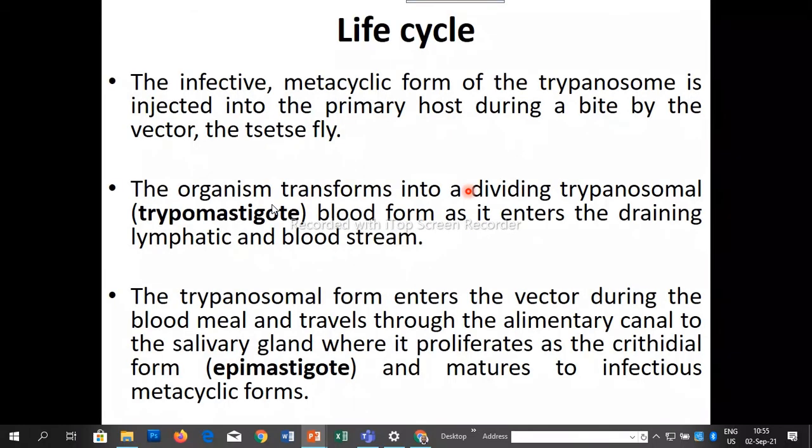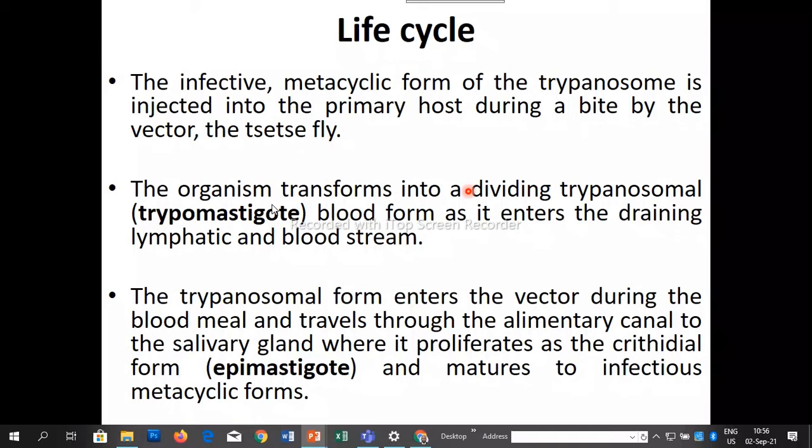So the life cycle is as follows. The infective metacyclic is the infective form of this trypanosome. It is injected into the primary host during a bite by the vector, which, as I said, is the tsetse fly. The organisms transform into a dividing trypanosome called trypomastigote in the blood.